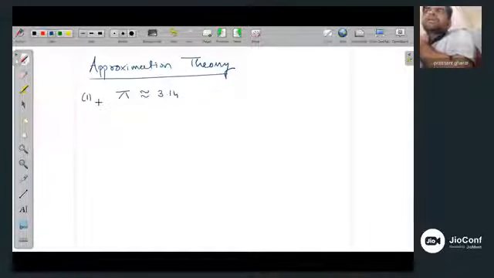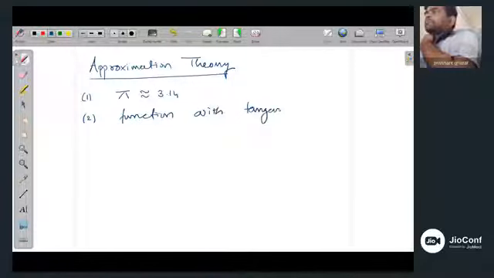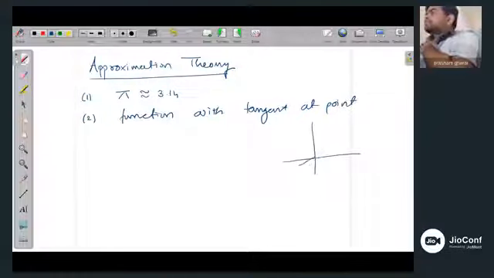When they grow up a little more, maybe in 12th standard or 11th standard, they approximate a function with the tangent at a point. For example, there is a function and a tangent is there.